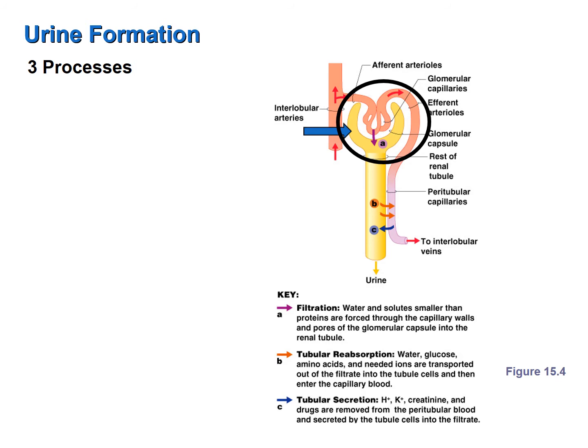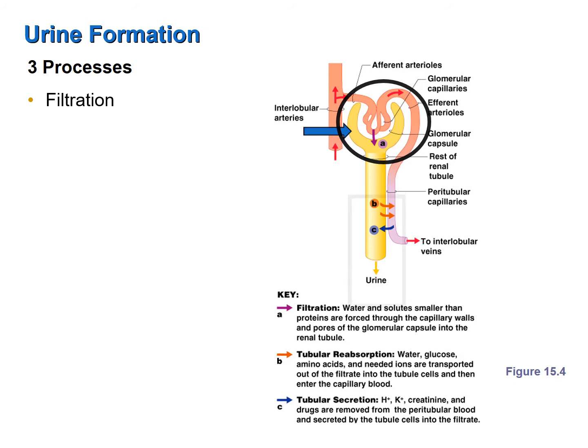So the filtrate, as it's now called, that's formed in the glomerular capsule is basically the plasma portion of blood minus the plasma proteins. The red blood cells, the white blood cells, and the platelets are too large to cross the capillary walls. This process is called filtration, and it is occurring in this schematic at location small a.